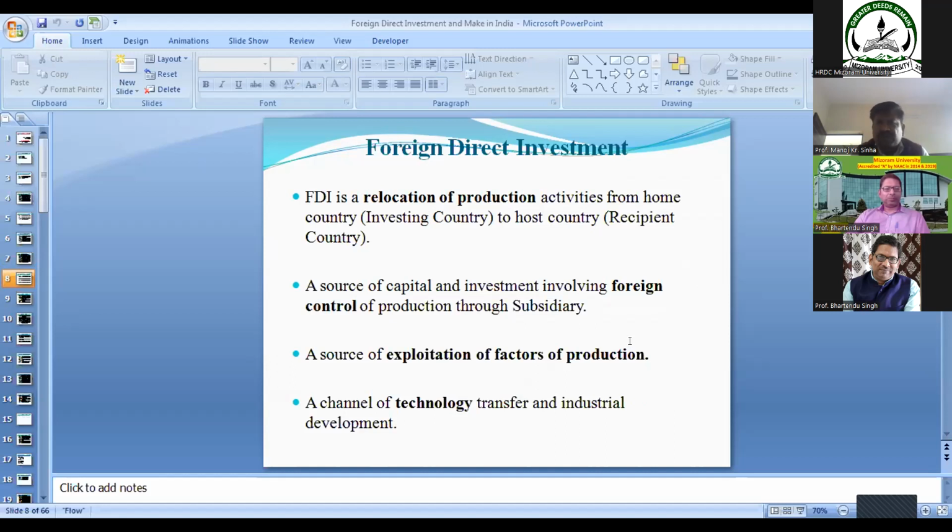It is a source of capital investment involving foreign control of production through the subsidiary. It is also a source of exploitation of factors of production, with foreign capital combining with the factors of production available in the host country. And it is also a channel of technology, skills, and management transfer, and also of industrial development technology transfer.